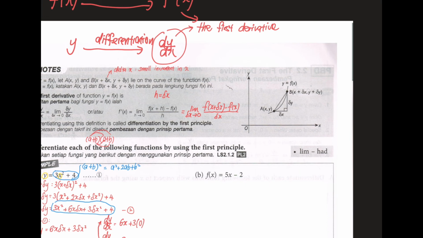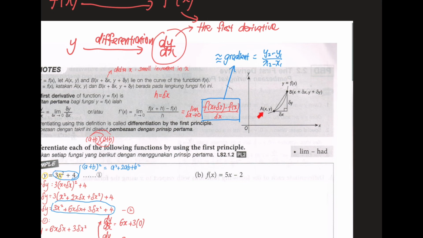What happened is, this form over here is actually the gradient, which is y2 minus y1 over x2 minus x1. So you see how come it is gradient. Let's see.